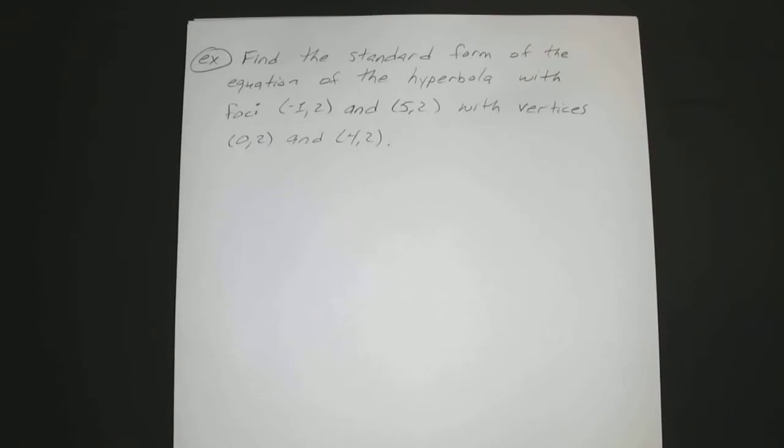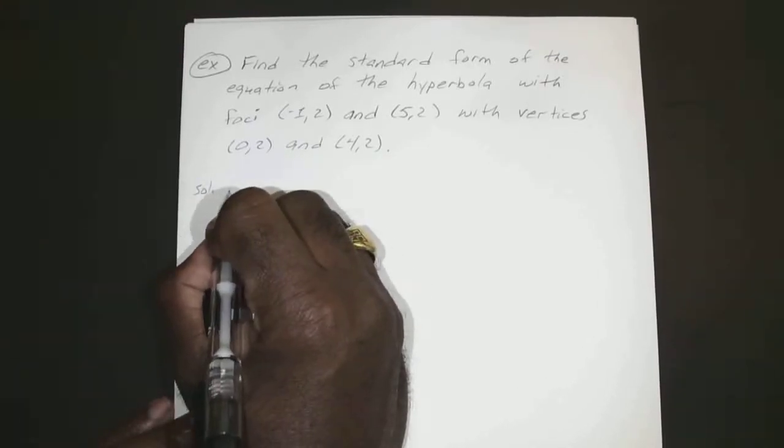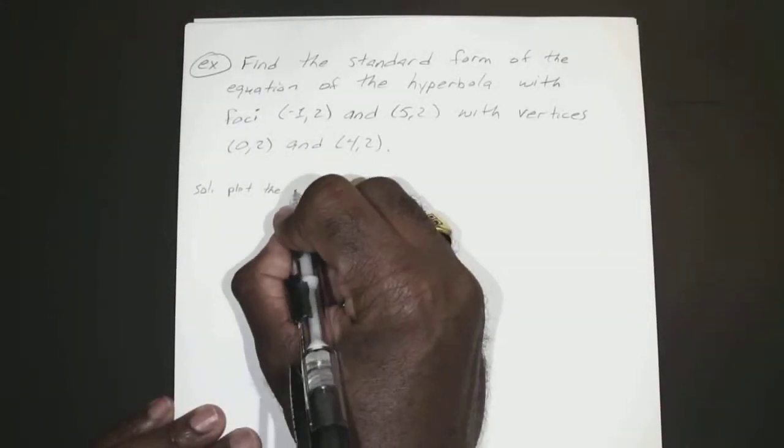Okay. So what I normally do is whenever you get the points, I would graph the points, and this way I would know whether it's horizontal or vertical. Because if the vertices are left and right, you know it's horizontal. If one is above and one's below, you know it's vertical. So plot the points.